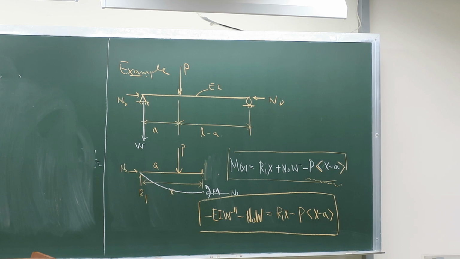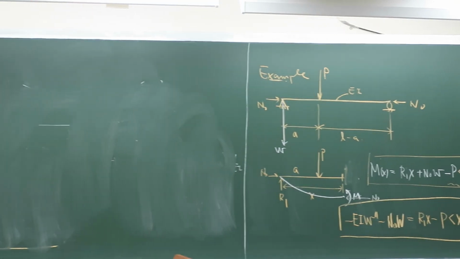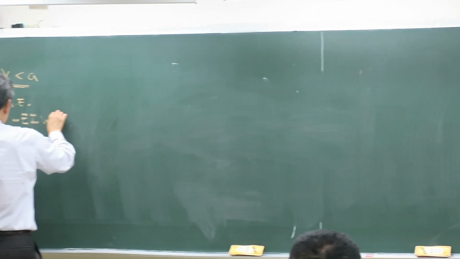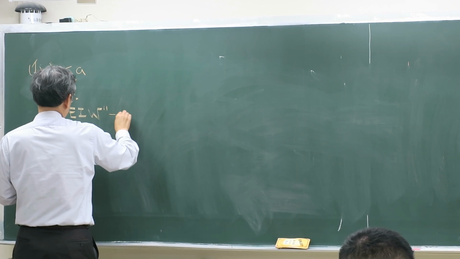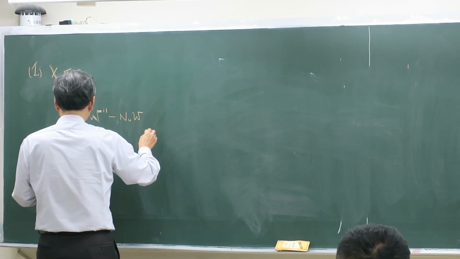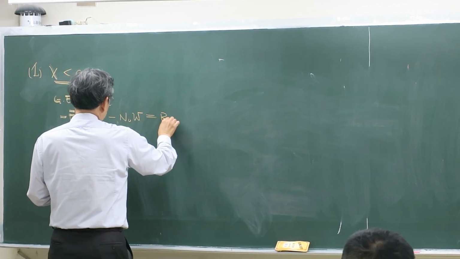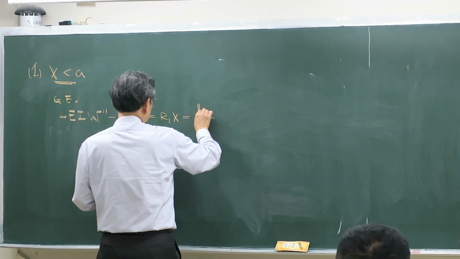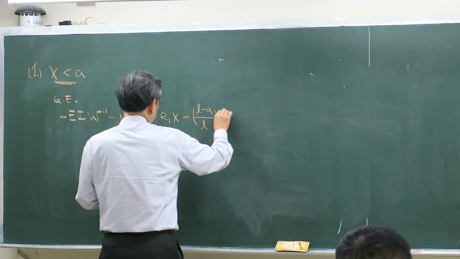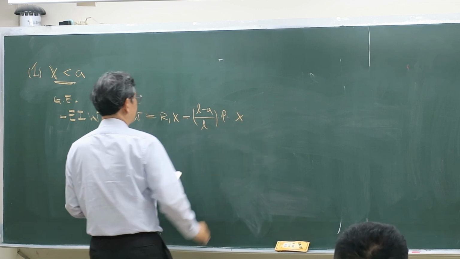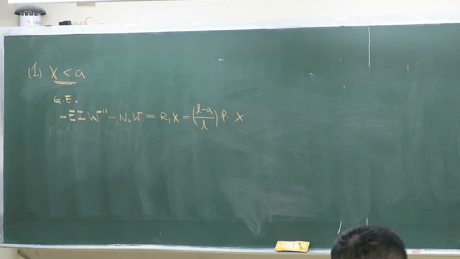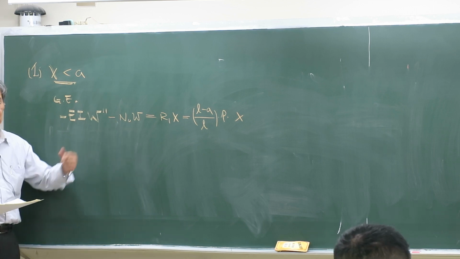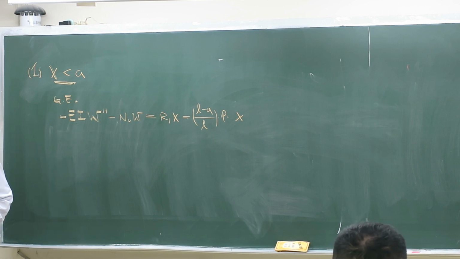So my governing equation is minus EI W double prime minus N0 W equal to R1 x, and R1 is (L minus A) over L times P, times x. Okay, so this is a second order constant coefficient non-homogeneous equation.